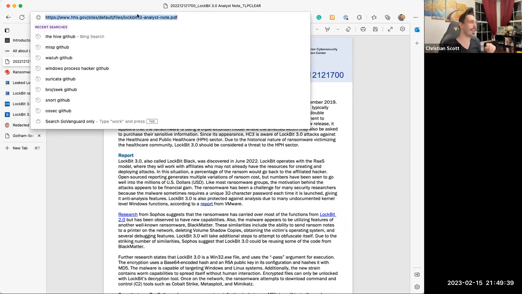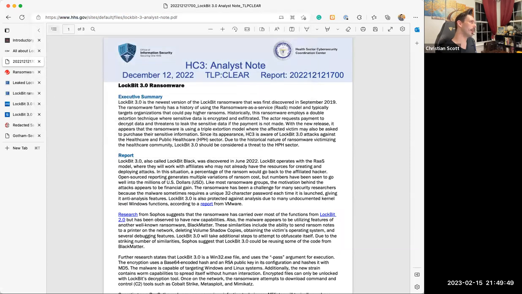I really like this. This comes from the Department of Health and Human Services, but I don't feel like this is a healthcare information technology issue, right? They did just a good write-up for healthcare organizations, but I think this is really going to apply to any organization.